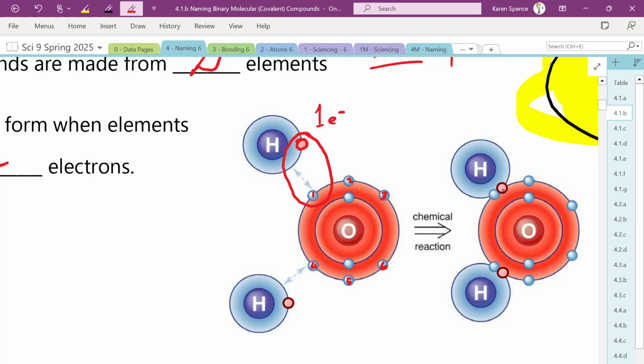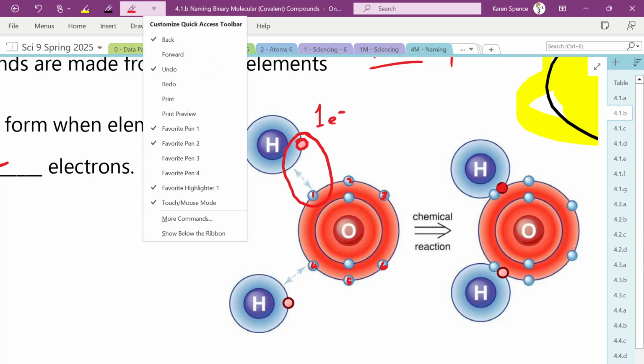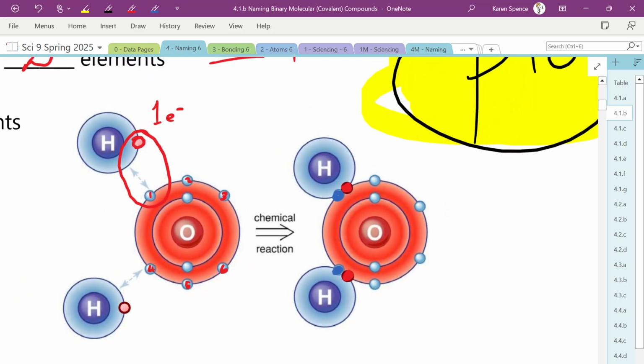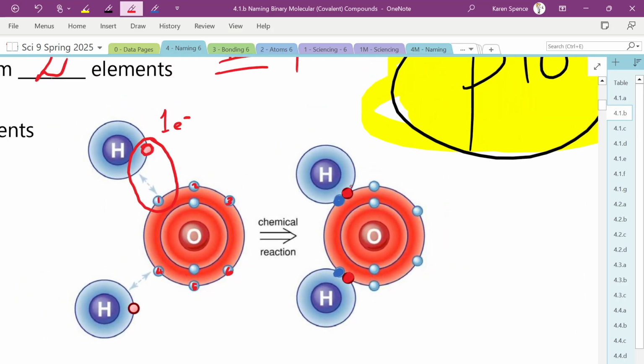You can see here we've got 1 from oxygen and 1 from hydrogen, and that gives each hydrogen 2 electrons.